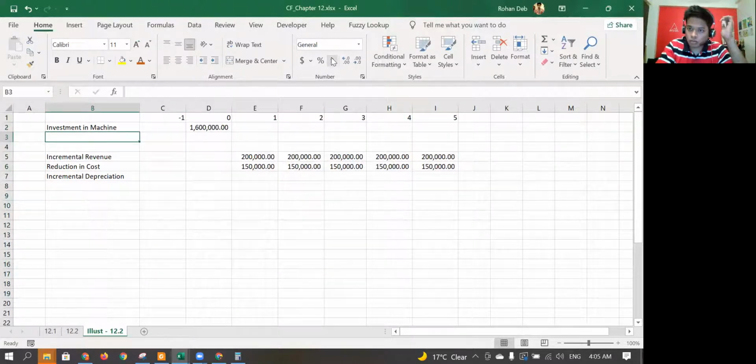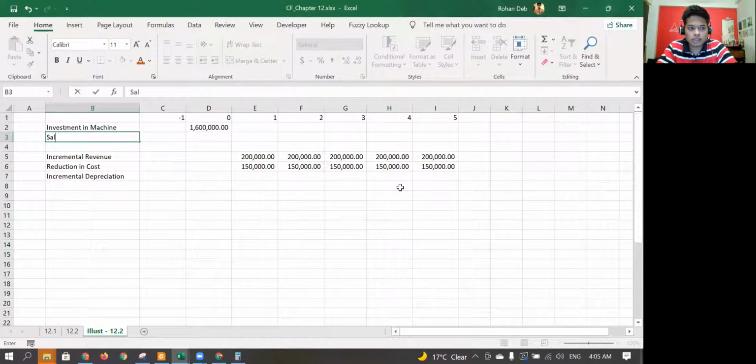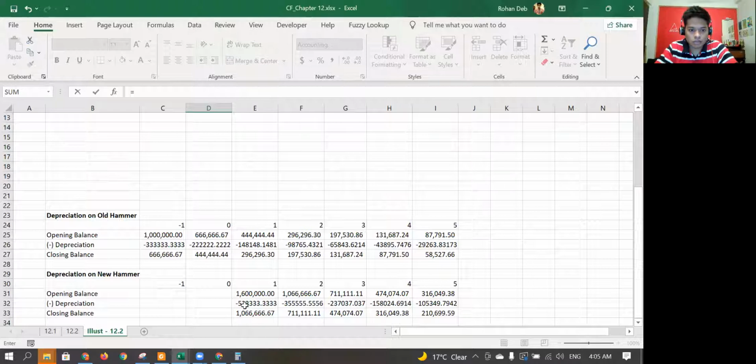Okay. Now also it says that today it would fetch a book value or salvage value. You could get back the salvage value of the old machine today, because if you buy a new hammer you will also sell the old hammer. So whatever the salvage value of the old hammer was today, if you sold that old hammer you could get this amount. Okay.